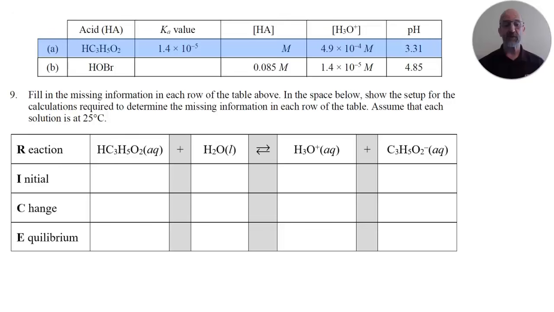So here comes my RICE table. I will go ahead and fill in as much as I can in the initial. Now, I don't know the initial concentration of the propanoic acid, or HA. I don't care about the concentration or the information for water. And then we're going to pretend that the reaction has not yet occurred. So initially, the concentration of the hydronium ion, along with that conjugate base, or the propanoate ion, C3H5O2-, are 0.